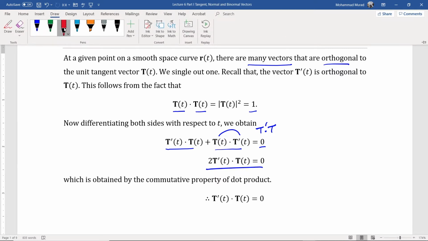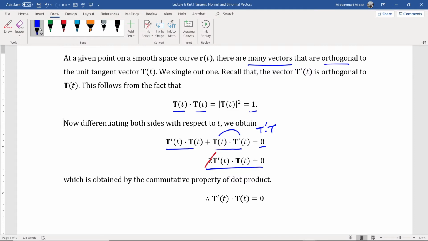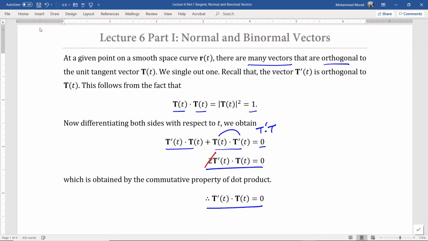And then, by cancelling the factor 2 from the left-hand side, we obtain the equation T prime dot T equals 0. This shows that T prime is orthogonal to the vector T.